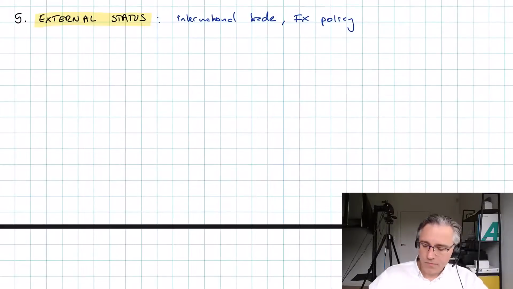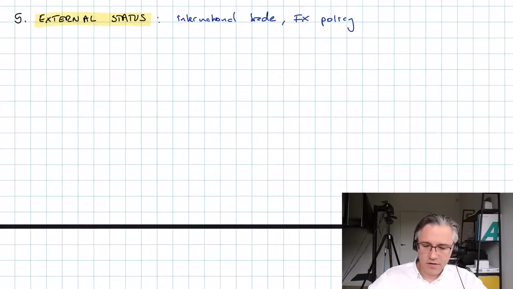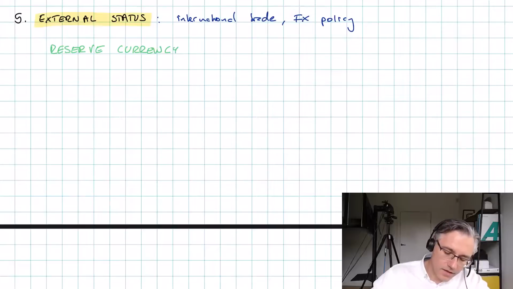And one of the most important things here gets simplified pretty much to a very easy to appreciate point. Is your country's currency considered to be a reserve currency? So let me put this down by writing reserve currency status, question mark.